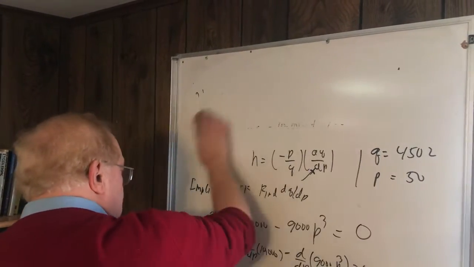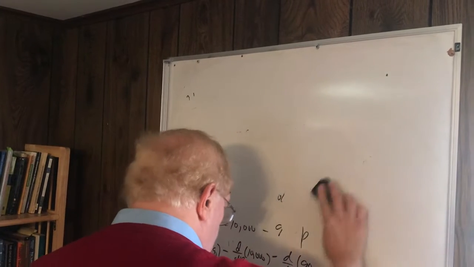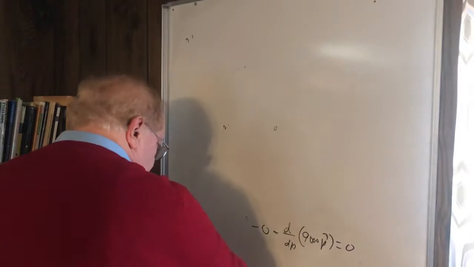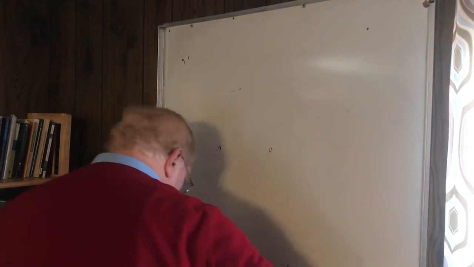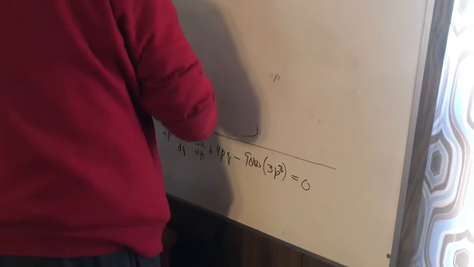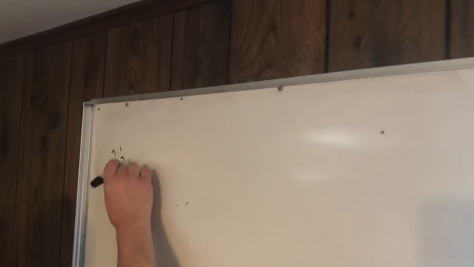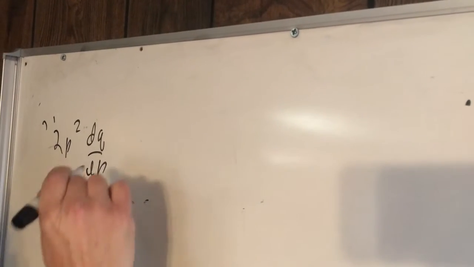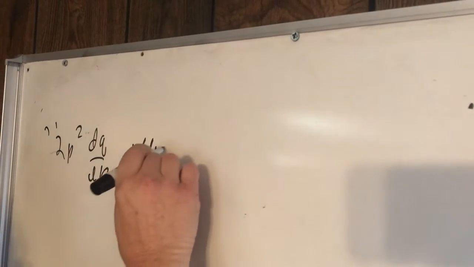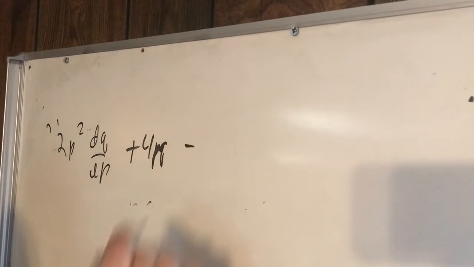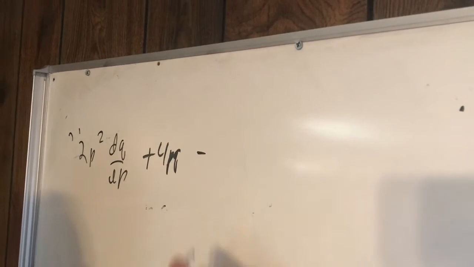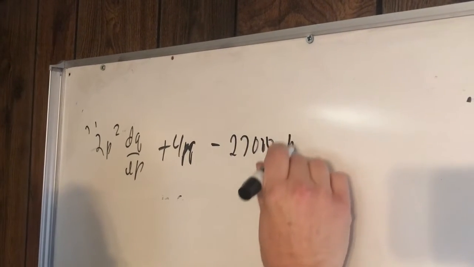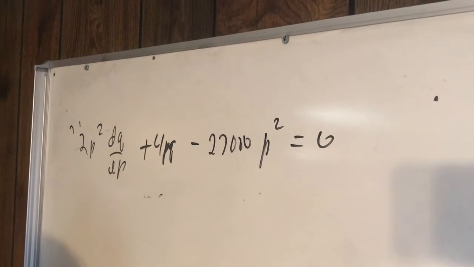So let's write what I have up here. I have 2p squared dq/dp plus 4pq minus 3 times 9,000, so it's 27,000 p squared, equals 0.